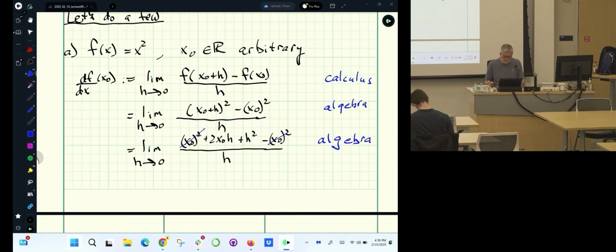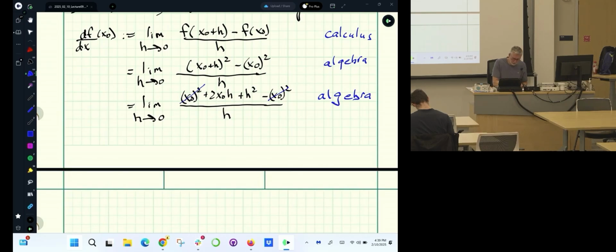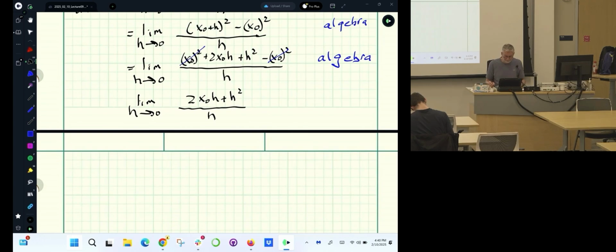These guys cancel, giving us more algebra. So we end up with 2x0h plus h squared over h. More algebra, then divide h into the top and the bottom, and this is the limit we have to evaluate. Okay, so the h cancels here, and then the h squared divided by h leaves h.